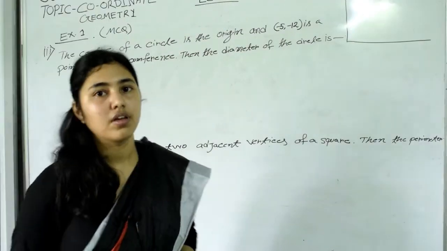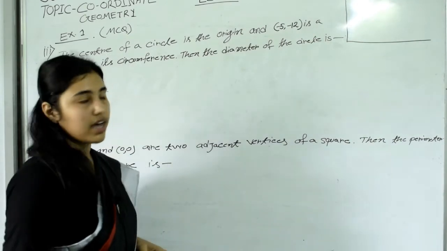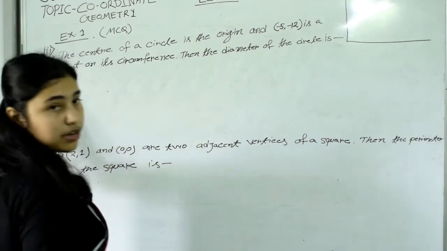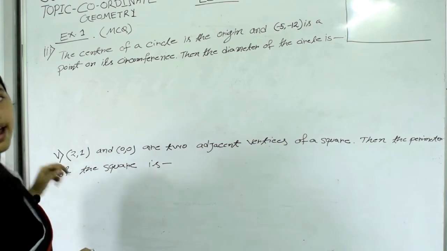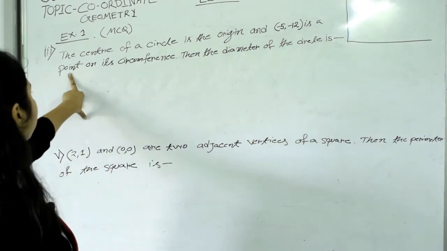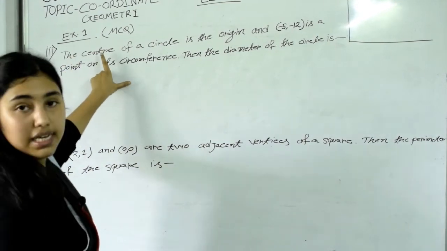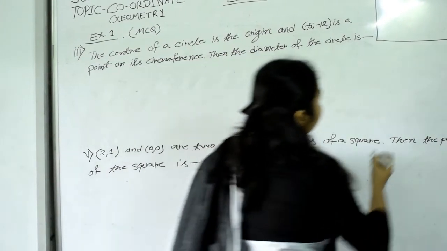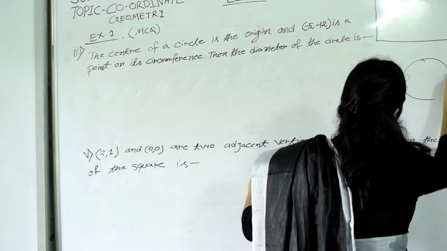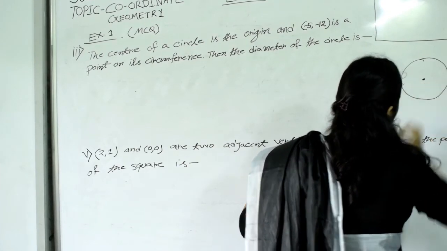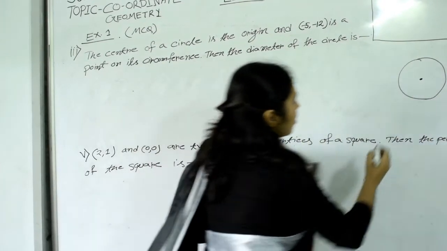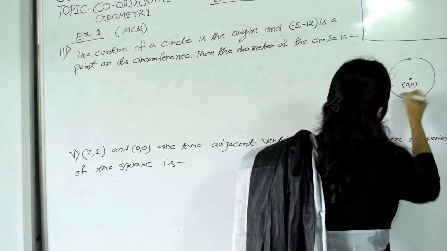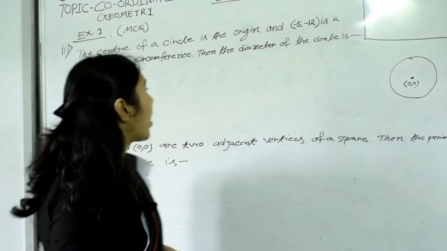Okay? Now come to exercise 1, MCQ, question number 3 and 5. So question number 3: the center of a circle is the origin. So first draw a circle. If this is the center of this circle, then the coordinate of the center is 0, 0. Why?